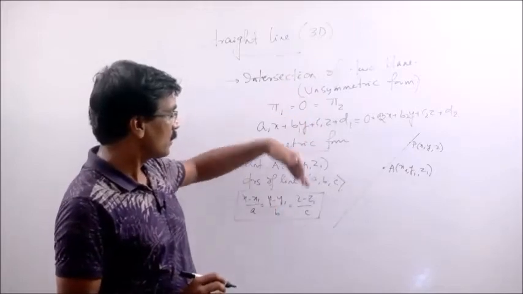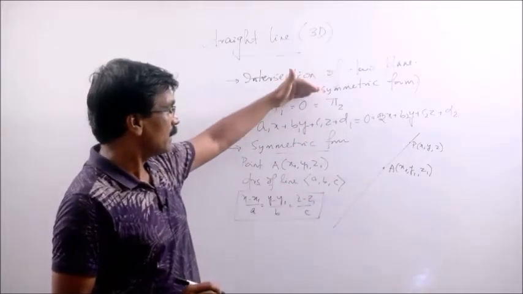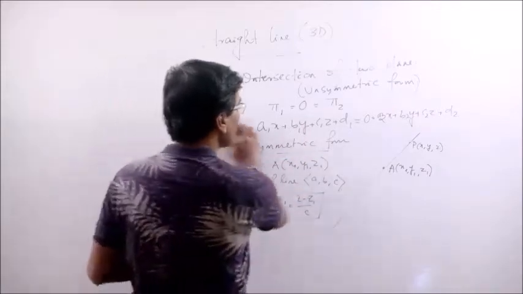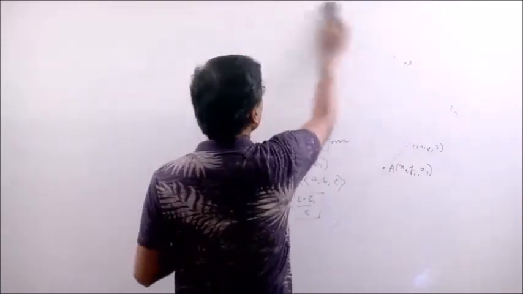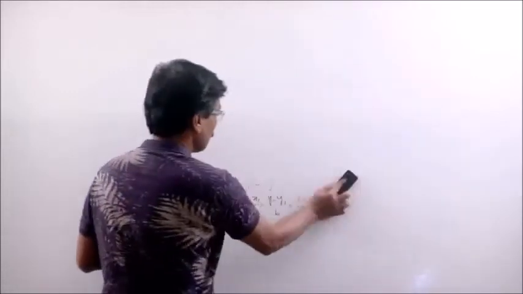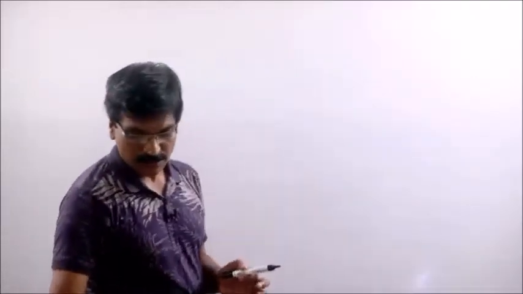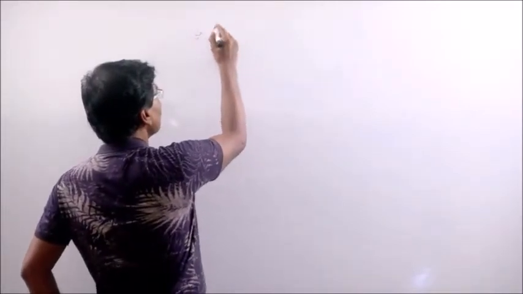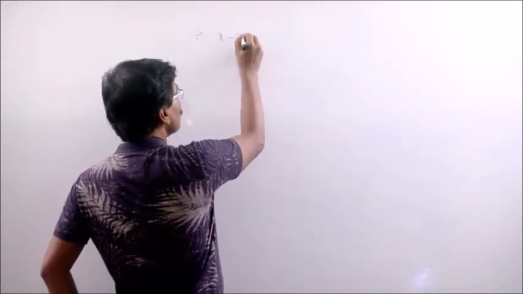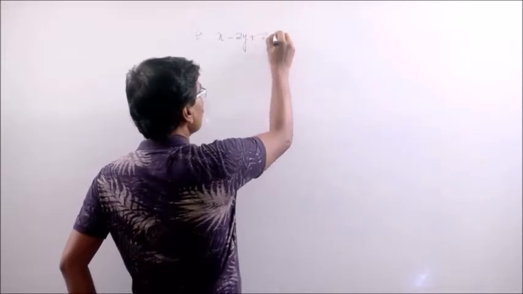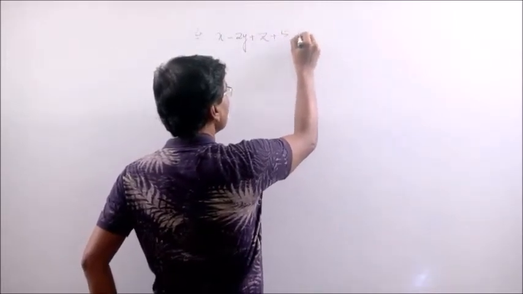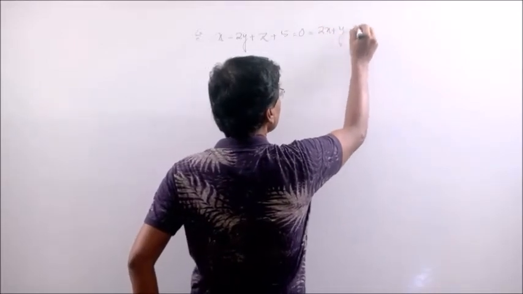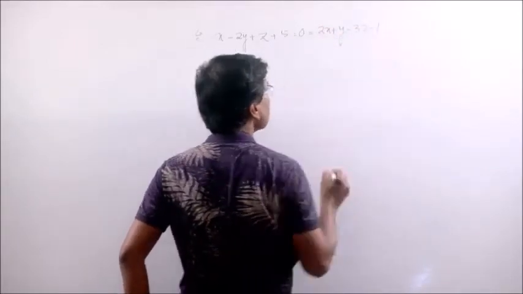So we can change from unsymmetric form to symmetric form of equation of line. Suppose we are given the unsymmetric form of equation of line. One example is, say, x minus 2y plus z plus 5 is equal to 0 is equal to 2x plus y minus 3z minus 1.